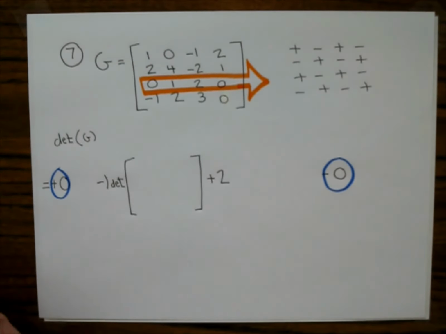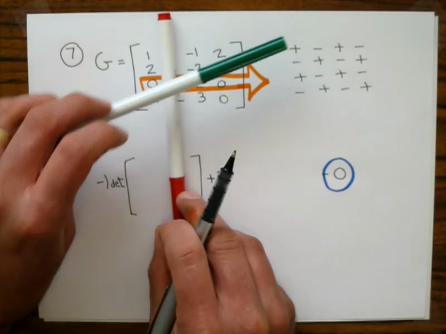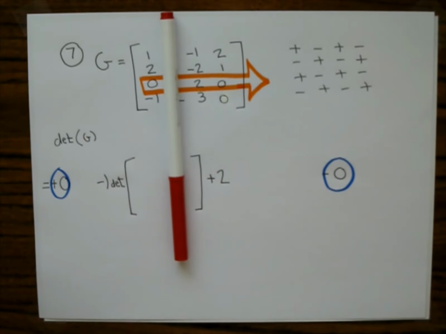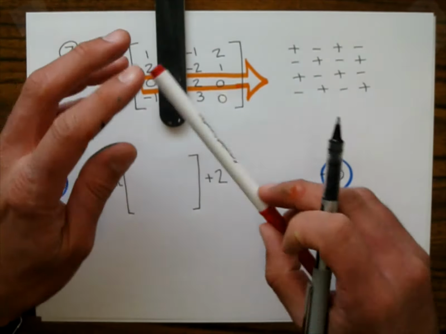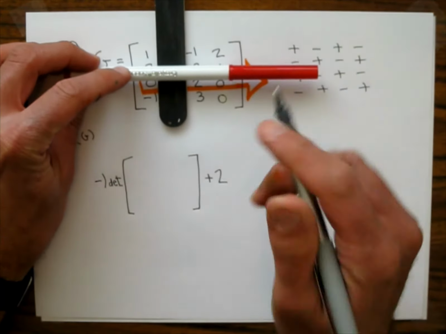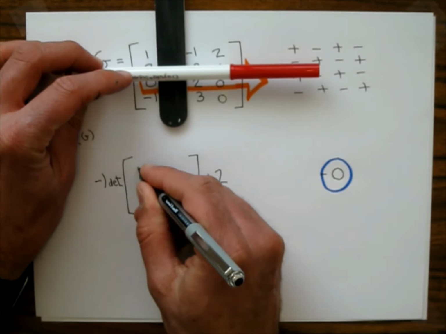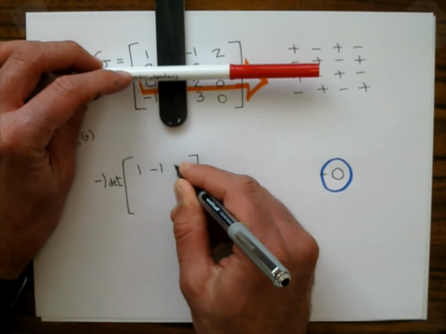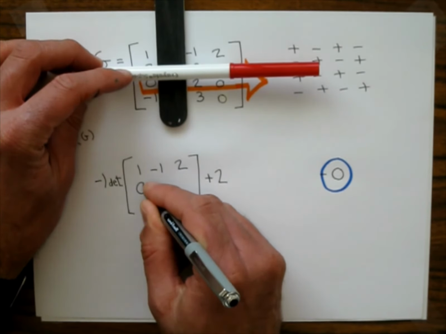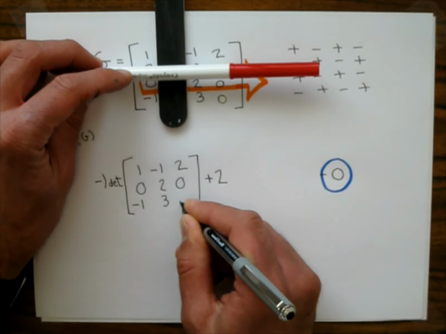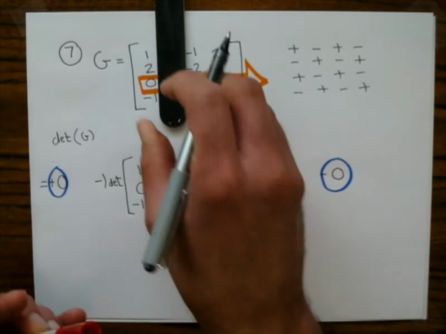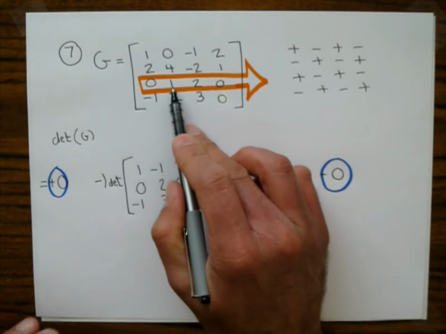And what do you get when you cover up that 1? I don't know how to do this. Here we go. I end up getting 1, negative 1, 2, 0, 2, 0, and negative 1, 3, 0. Okay, so that's what happens when I cover up that 1.